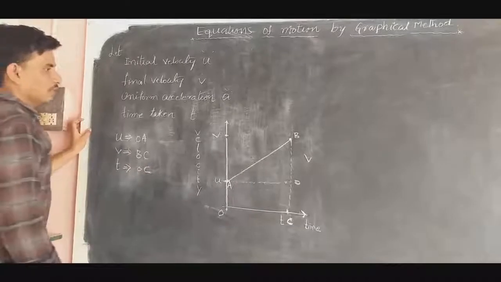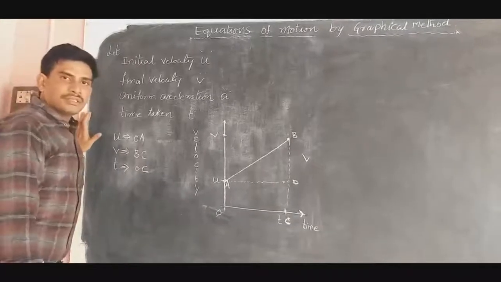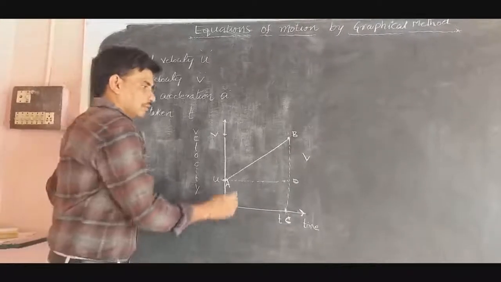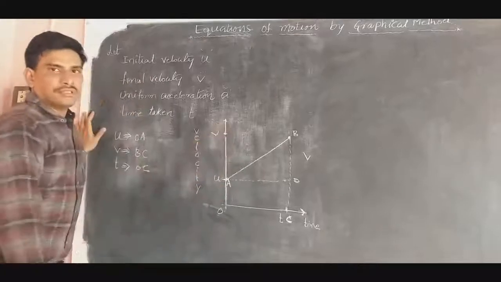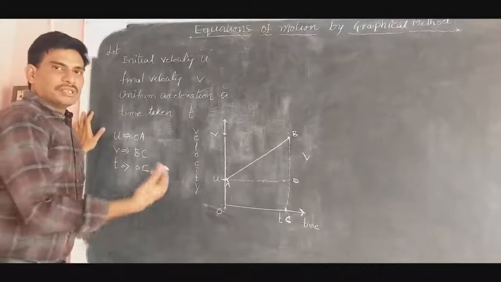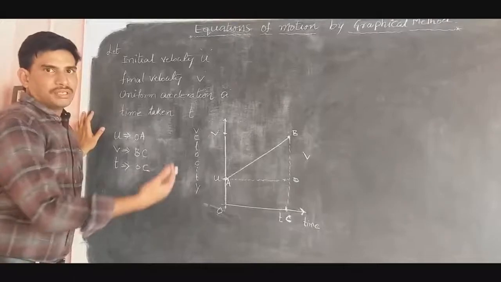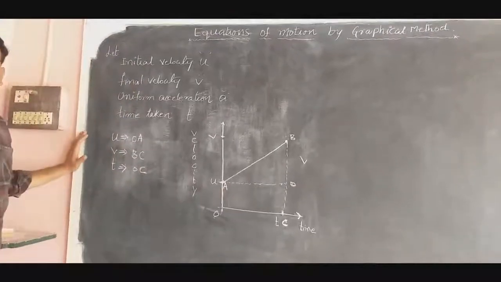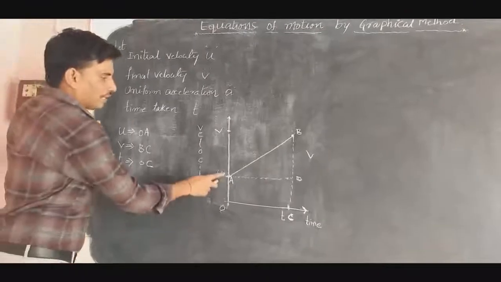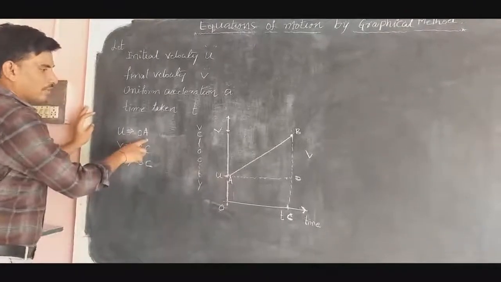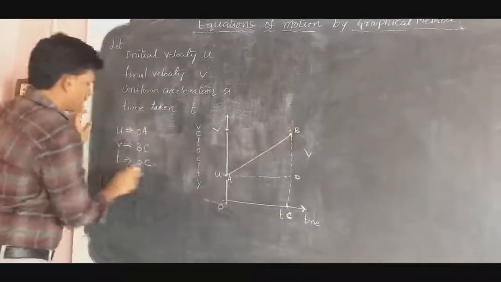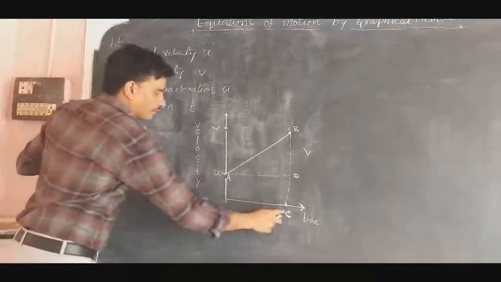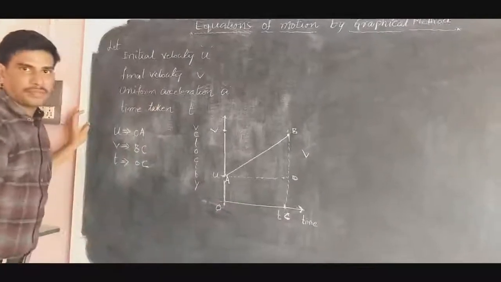This is the primary information you need to note before deriving any equation, whether it is the velocity-time, position-time, or velocity-position equation. The height of OA gives the initial velocity u, the height of BC gives the final velocity, and the time taken is OC.